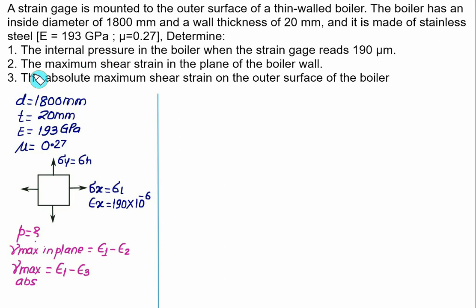In the first part, you have to find the internal pressure P. In the second part, you have to calculate the maximum shear strain in the plane of the boiler, gamma max in plane, which is epsilon 1 minus epsilon 2, the difference between the two principal strains. Epsilon 1 here will be the hoop strain and epsilon 2 will be the longitudinal strain. The absolute maximum shear strain is epsilon 1 minus epsilon 3, the difference between the maximum and the minimum strain.